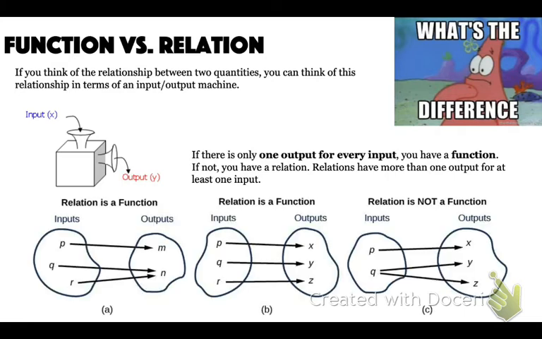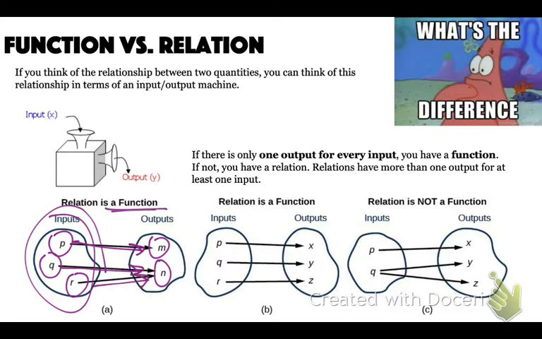So here's a graphic that shows it pretty well. Here, the P goes to the M. The Q goes to the N, and the R also goes to the N. Now, all of these inputs go to only one output, so this is a function. These two inputs go to the same output, but that's okay. All right?